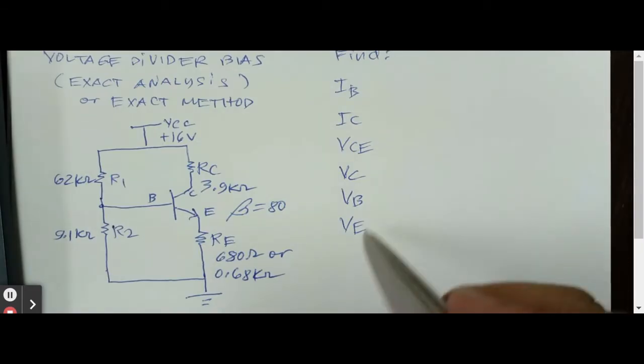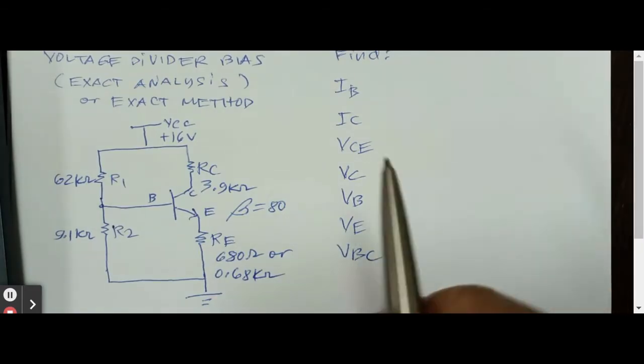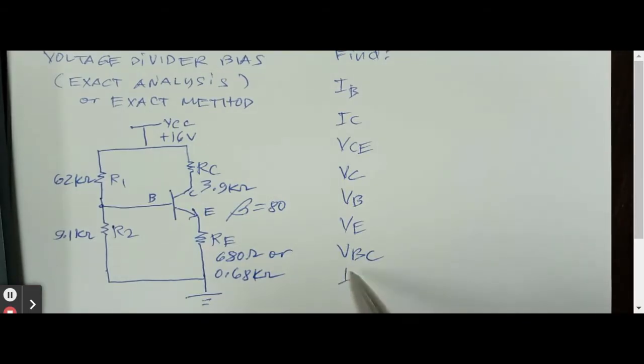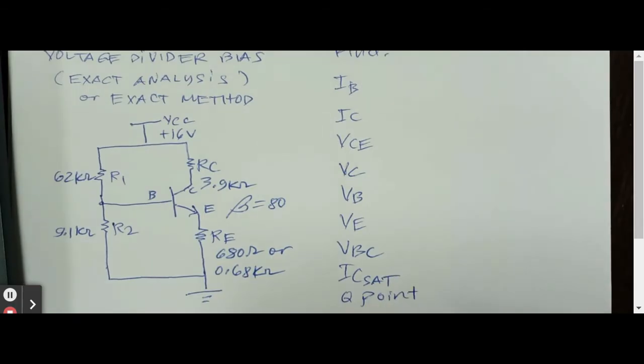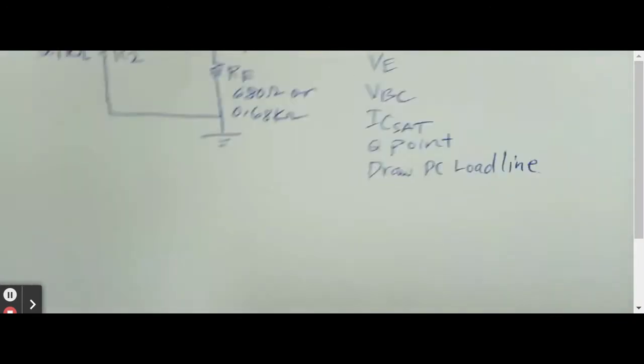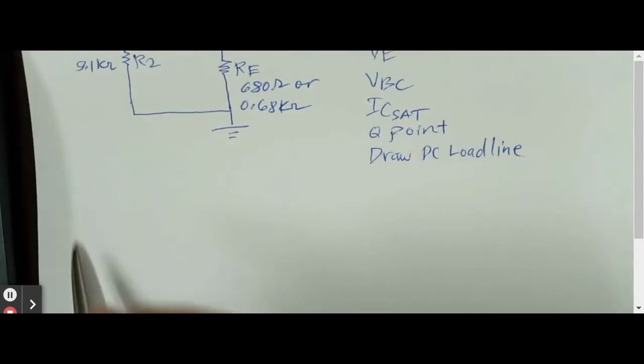We will also look for VBC, and what else? We will calculate the IC saturation, and we will get the Q point, and we will draw the load line, the DC load line. So these are the things that we will calculate. Now let's start with the IB.